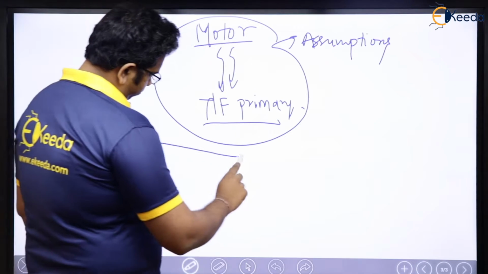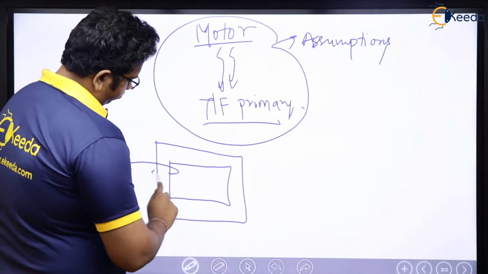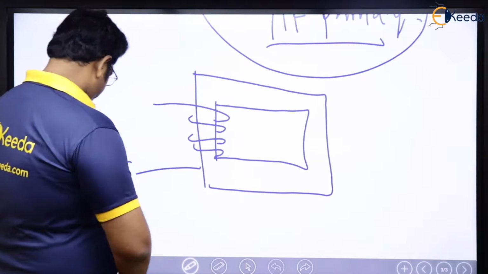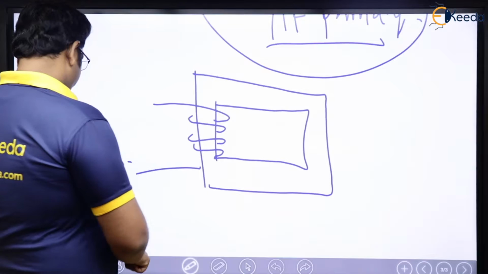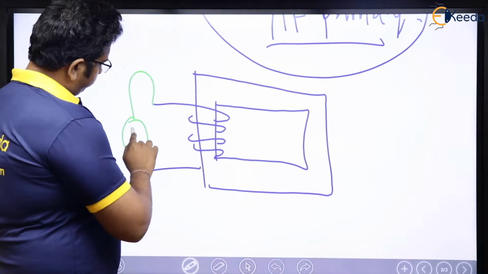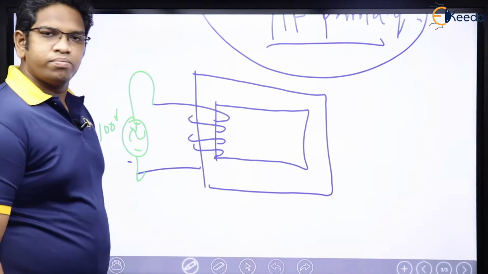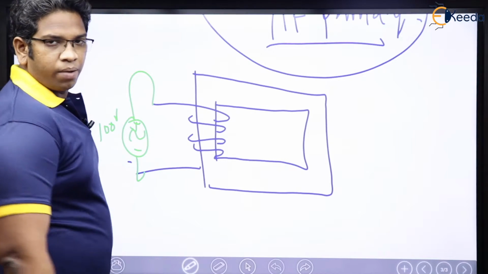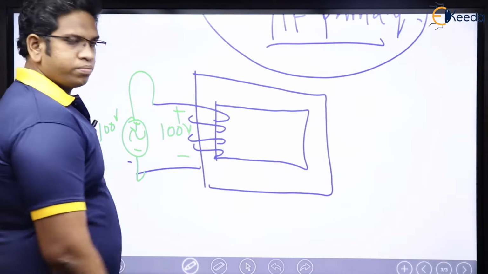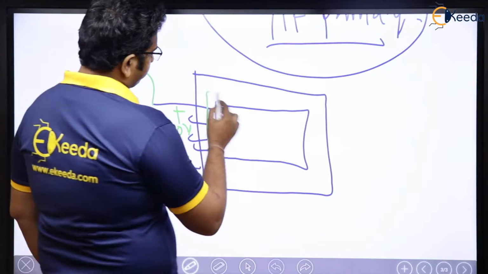which means if you think of a transformer here, if for example this is a transformer, and your supply voltage is plus or minus 100 volts, then what is going to happen? 100 volts here, so 100 volts will appear here, because of which 100 flux lines will be there.